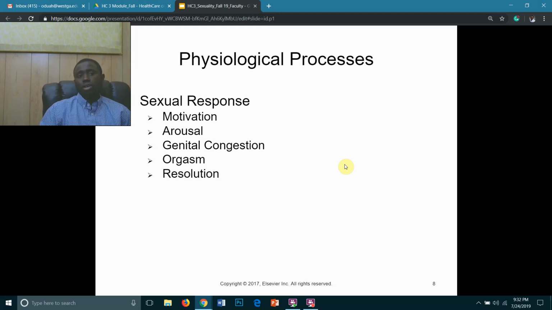An orgasm results from the sensation of pleasure obtained from the rapid contraction of the muscles in the genital and anal area. This pleasure causes a sense of well-being and muscular relaxation through the whole body. This is also known as resolution.